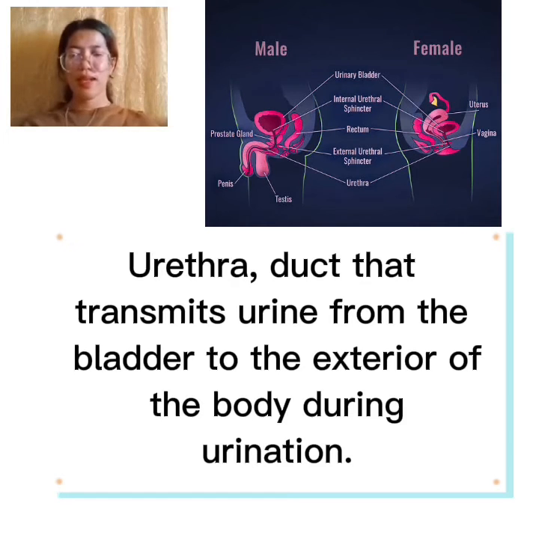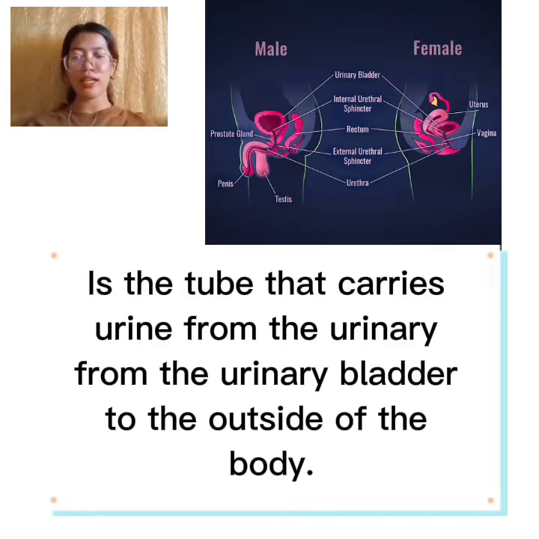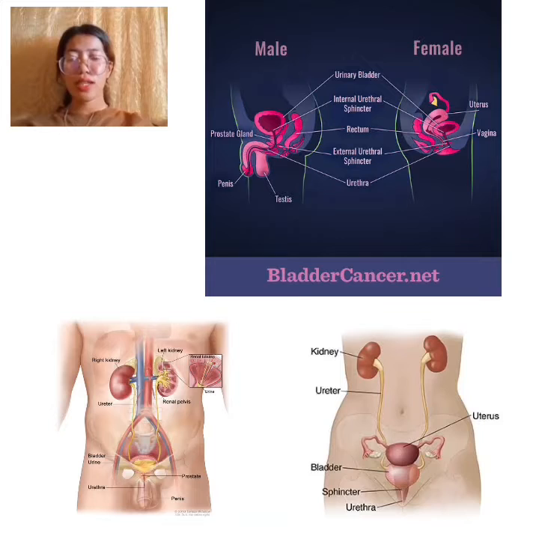Urethra. The urethra is the tract that transmits urine from the bladder to the exterior of the body during urination. It is the tube that carries urine from the urinary bladder to the outside of the body. The urethra is held closed by the urethral sphincter, a muscular structure that helps keep urine in the bladder until voiding can occur.